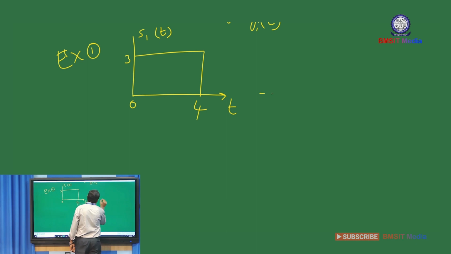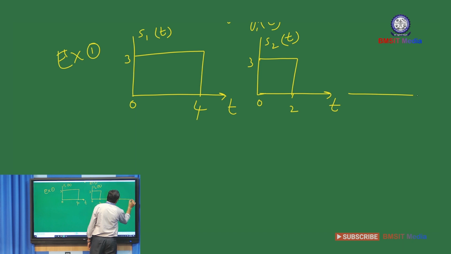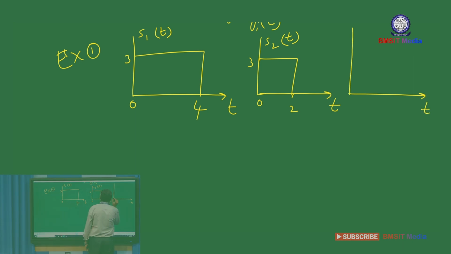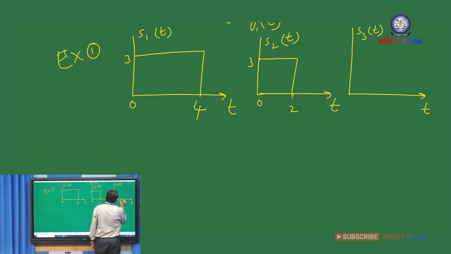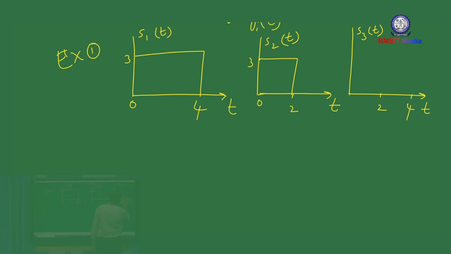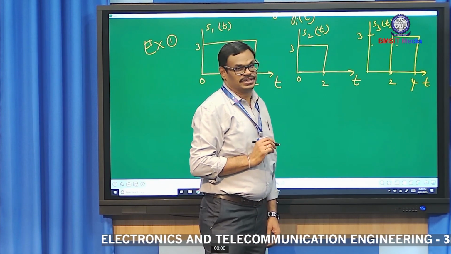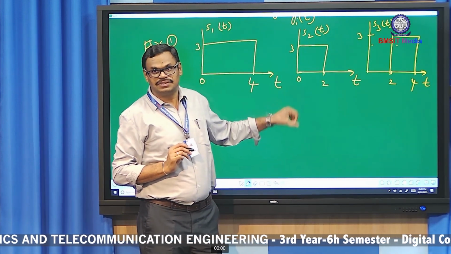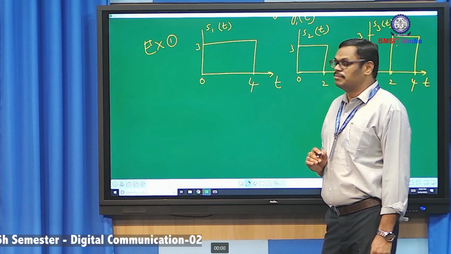Then S2 of t exists for the interval 0 to 2 with a magnitude of 3. And another signal, S3 of t, exists over the interval 2 to 4. So these are the three signals given, and we need to determine the orthonormal basis functions and express these three signals as a linear combination of them.